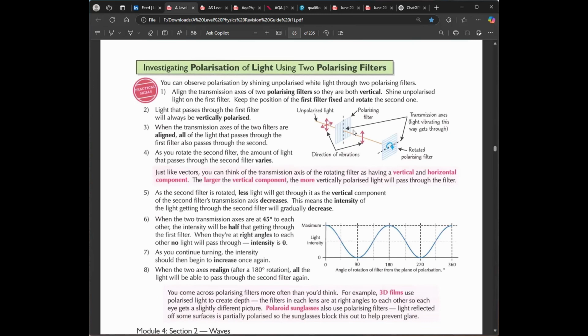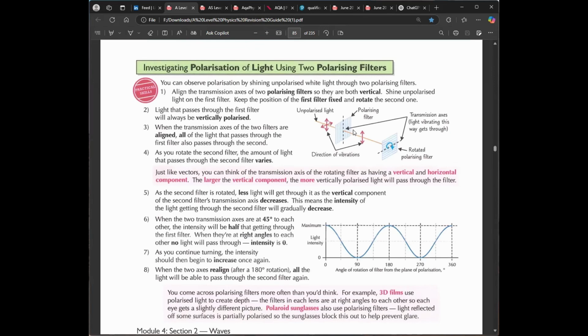If you give it some unpolarized light, which has parts of it in different directions, when it passes through the first filter it will just have a vertical wave going through.